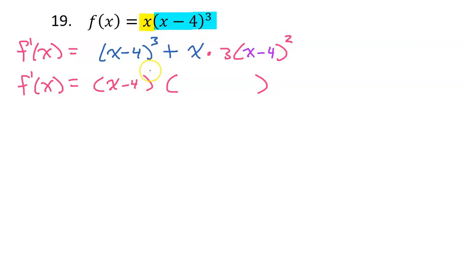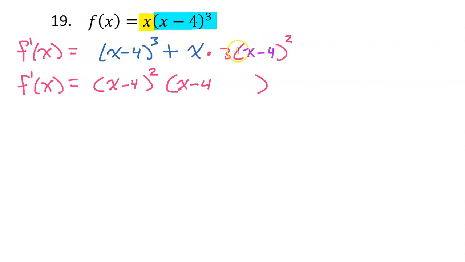So I see the 2 here, so I'm going to factor out x minus 4 to the second power. When you factor something out, you're really dividing. And when you divide like bases, you subtract exponents. So I'm going to do 3 minus 2. So this is going to leave x minus 4 on the inside because it'll just be the 1 power.